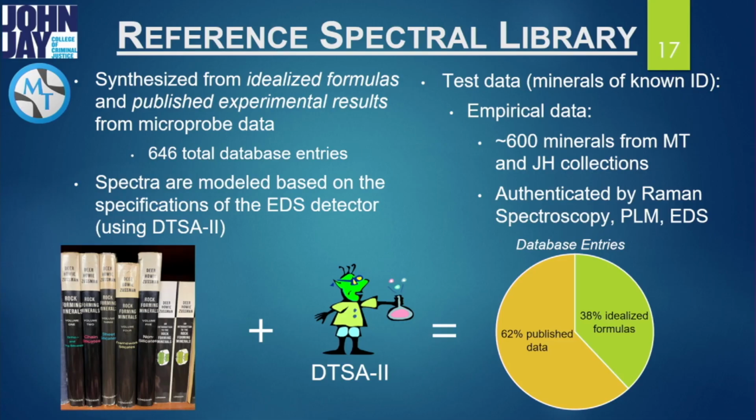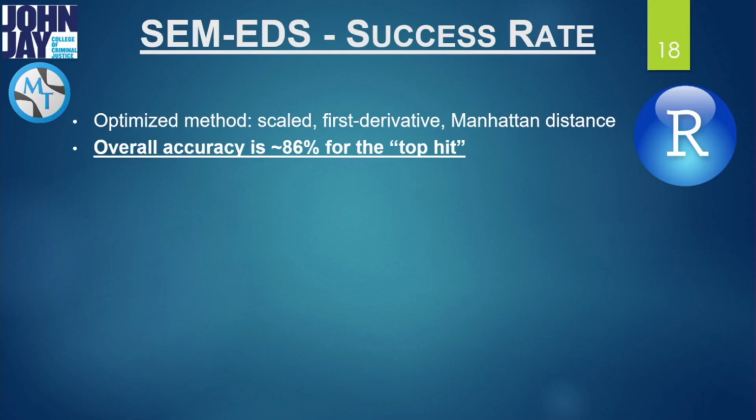We then took known minerals from our reference collections, where we knew the mineral, and essentially searched this database with these minerals to see if we could get to the right answer. The way we did that was we used the entire spectrum. We are not reducing the EDS spectrum to element weight percent values. We're using the entire spectrum, much like you search an FTIR spectrum in a reference database.